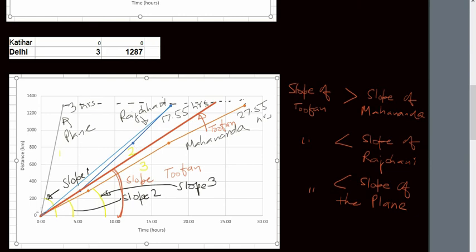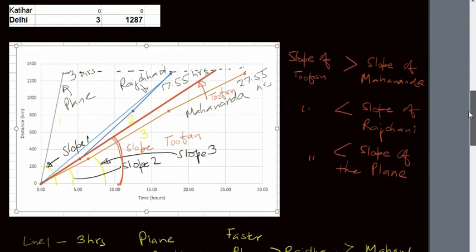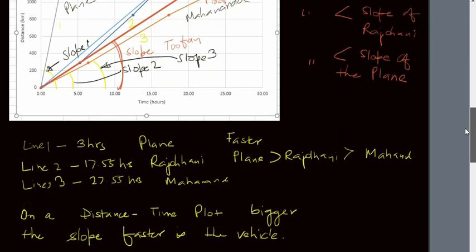Then we drew a line of a train that we don't know if it exists, this red line, and the slope of this train was bigger than the slope of Mahananda and less than the slope of Rajdhani and plane. And based on that, we deduce that this speed must be between the speed of Rajdhani and Mahananda. And we cover that over here.